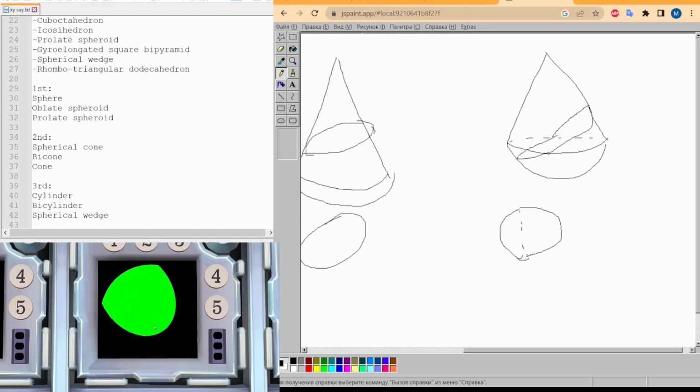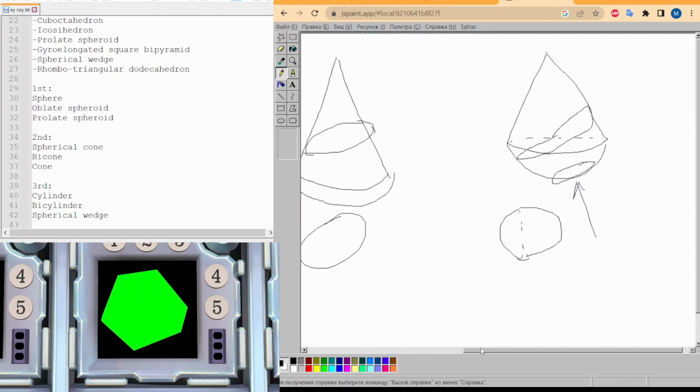So basically this line kind of divides into two curves, and one of them becomes bigger, one of them becomes smaller. But remember, it started off with a circle because it started somewhere here.